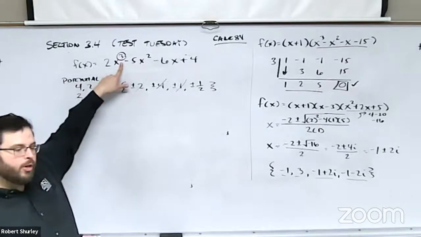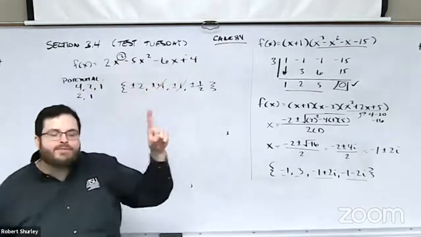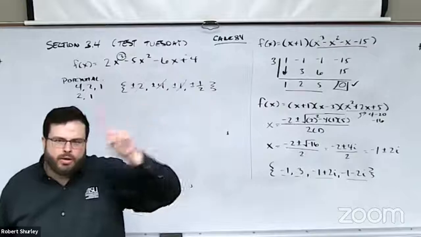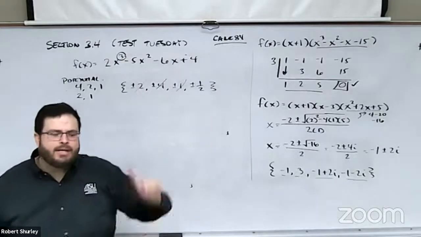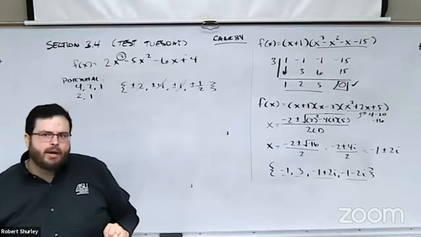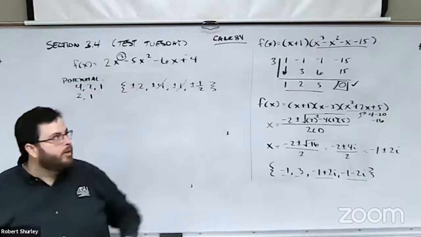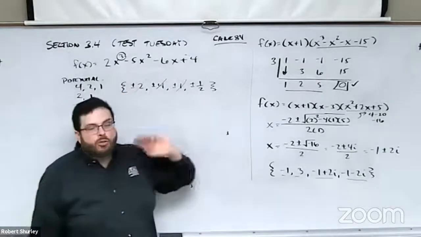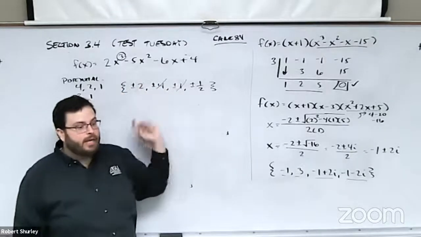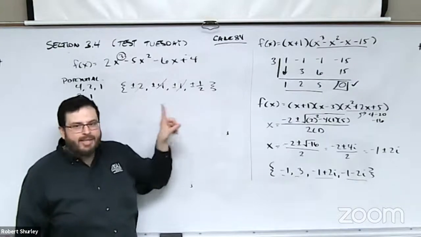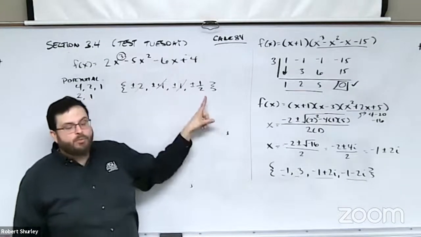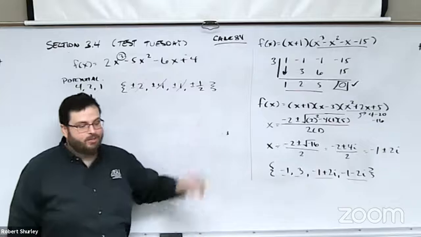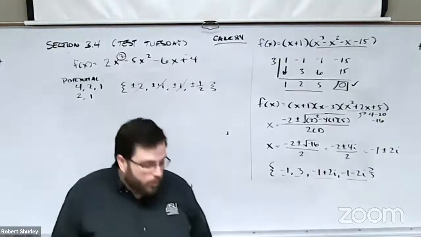But it's a third degree. So that means we have to have at least one rational 0, right? Because all the other kinds occur as pairs. So we have to have one. So that leaves us, by deduction, right? It leaves us that we either have a positive 1/2 or a negative 1/2 as a 0, okay?